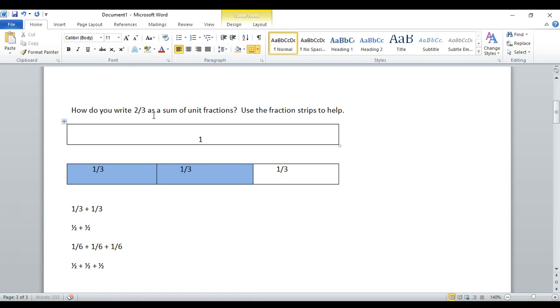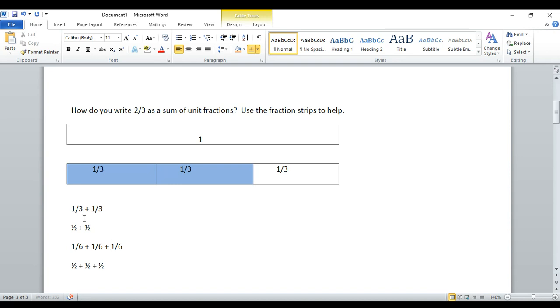we want to know what unit fractions we are going to use to make 2/3. Well, the unit fraction is going to be 1/3, so we have to find a certain number of 1/3s that would equal 2/3. Now, they've even got them shaded in for you here. 1/3 plus 1/3. So we just have to find what matches that from our given answers.